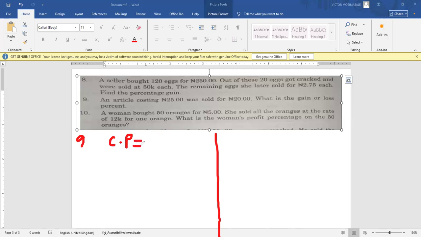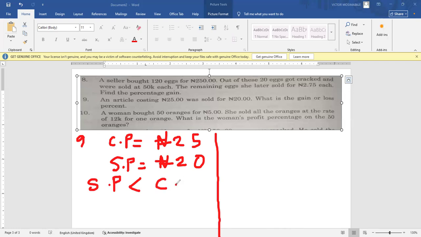Anything that has to do with cost is relating to the cost price. 25 naira was sold for, so the SP will be 20 naira. So of course we are making a profit, right? Because the selling price is bigger than, oh, sorry about that. We're making a loss because the selling price obviously is less than the cost price.